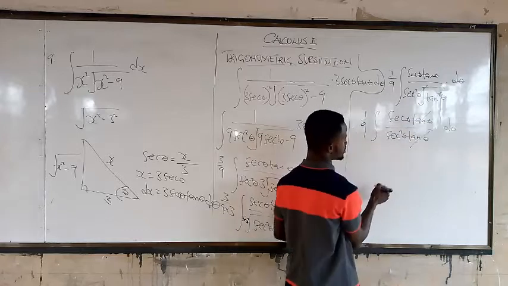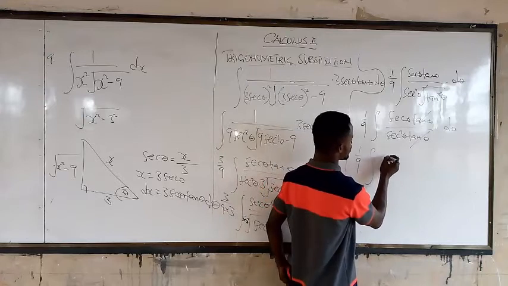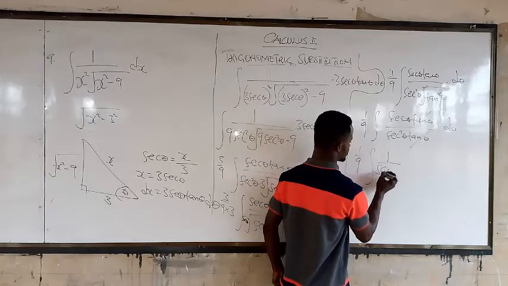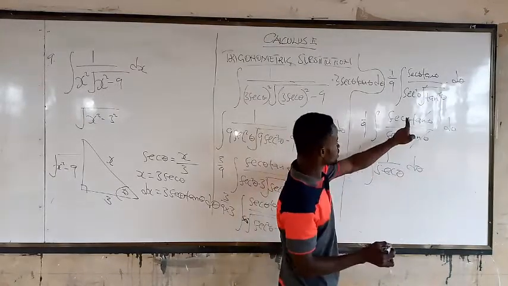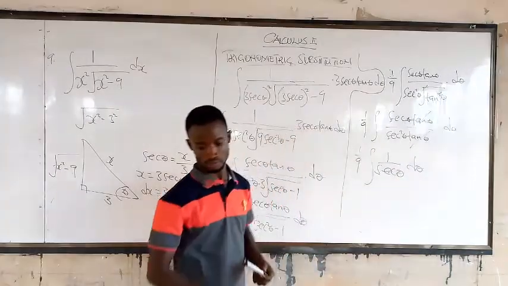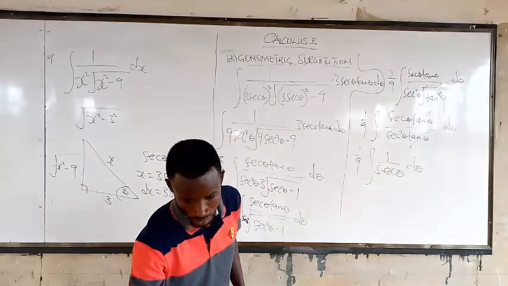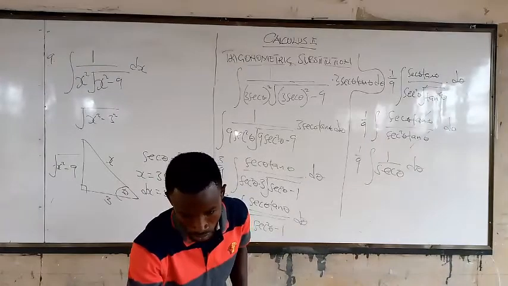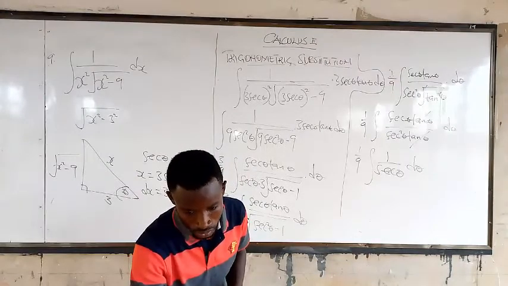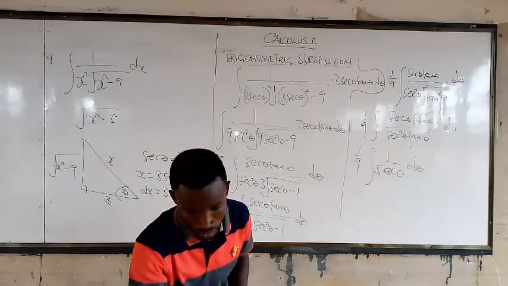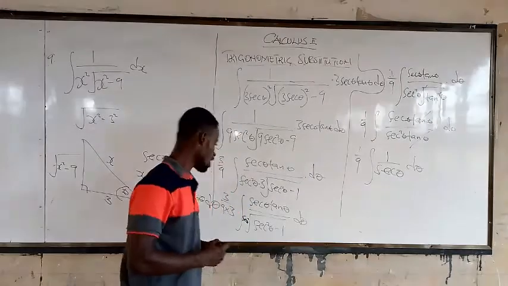This will take away this, 1 over 9 integral of 1 over sec theta d theta, because now I want to take one of this. That is that. Let's continue now.